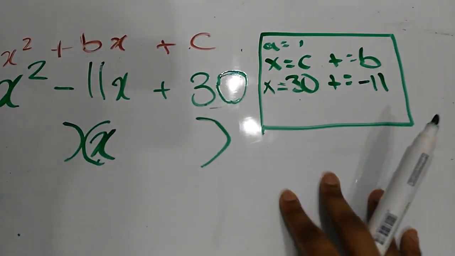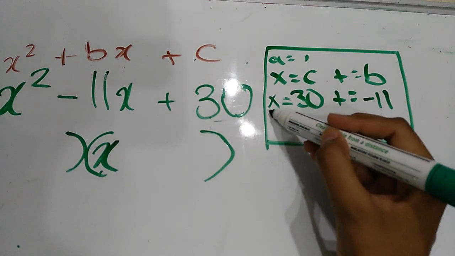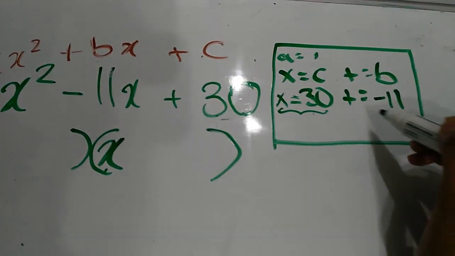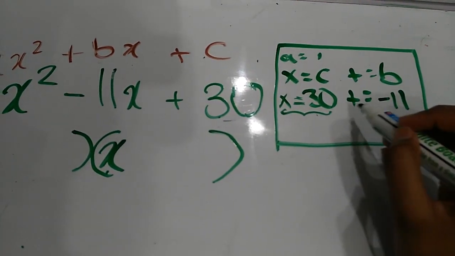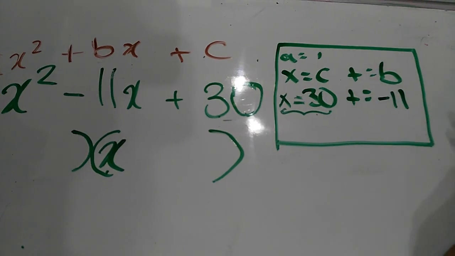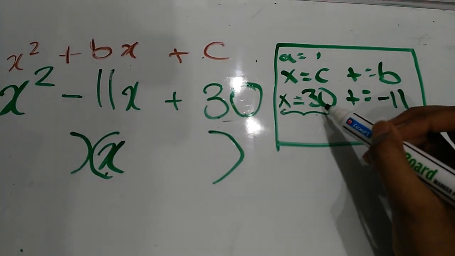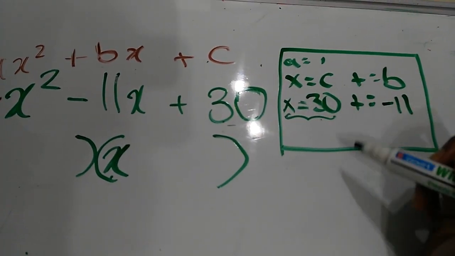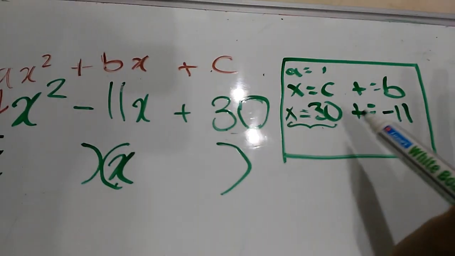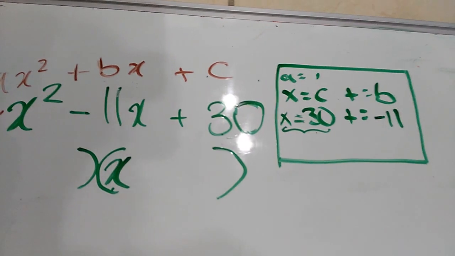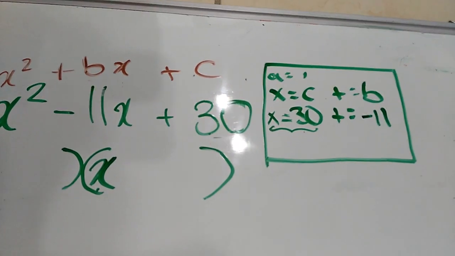So I focus on my multiplication, because anything plus anything can give me minus 11, but less values can times by each other to give me 30, which is why I need to focus on my multiplication. But let's take a step back and have a look at our numbers.